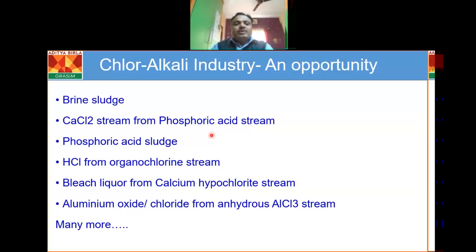Presently we put this stream to a multi-effect evaporator, concentrate it first from 15% to 30%, then further in two stages we concentrate it to 48%, and then finally we produce calcium chloride granules out of this. That has very good value in the oil exploration industry, then the ice melting industry.